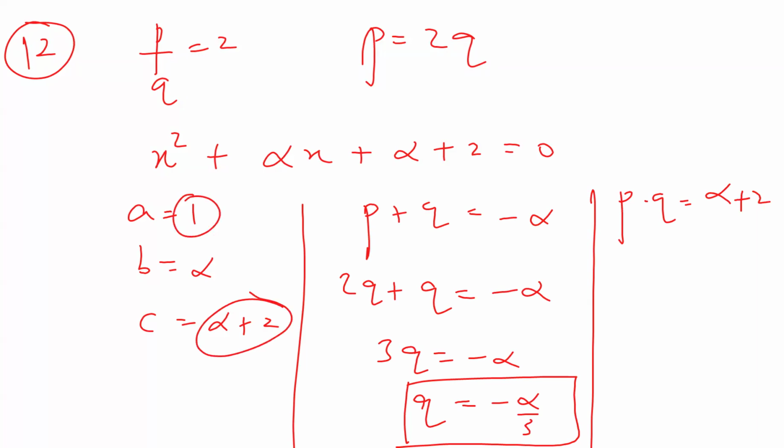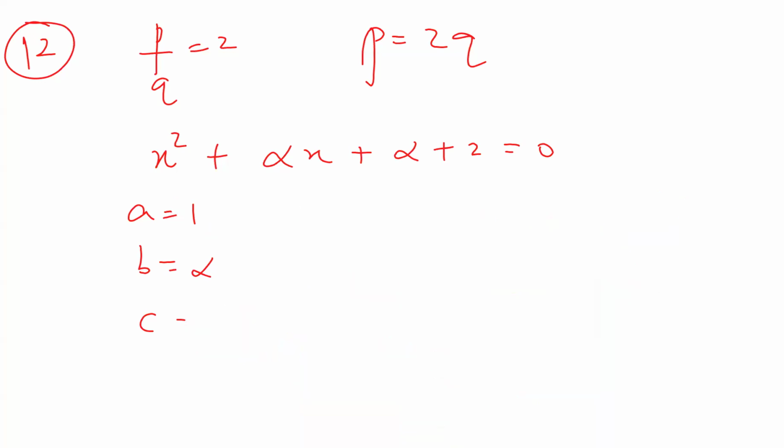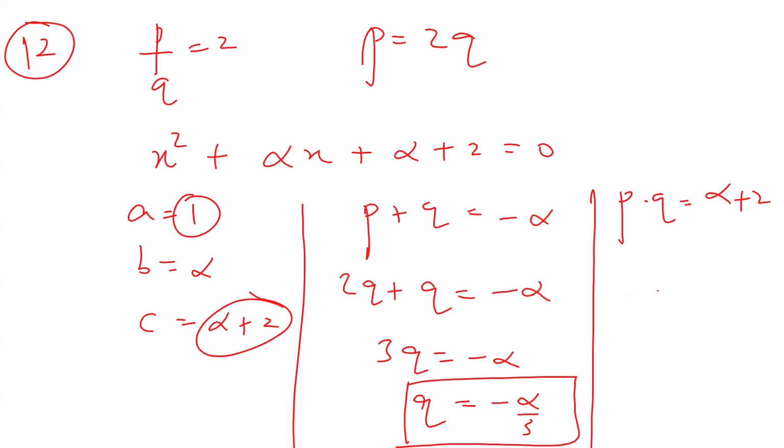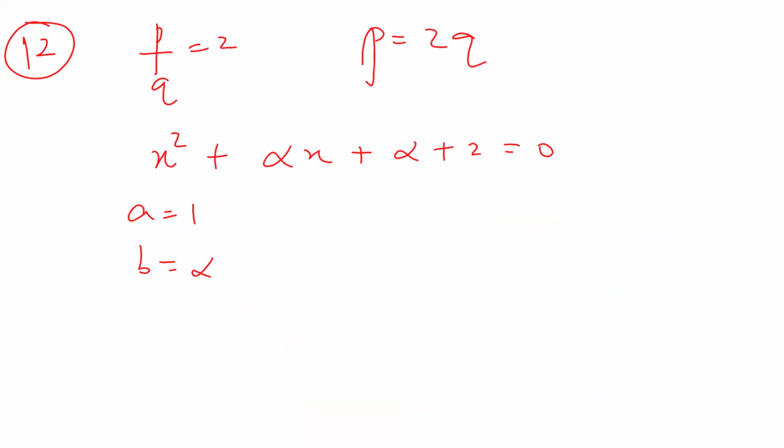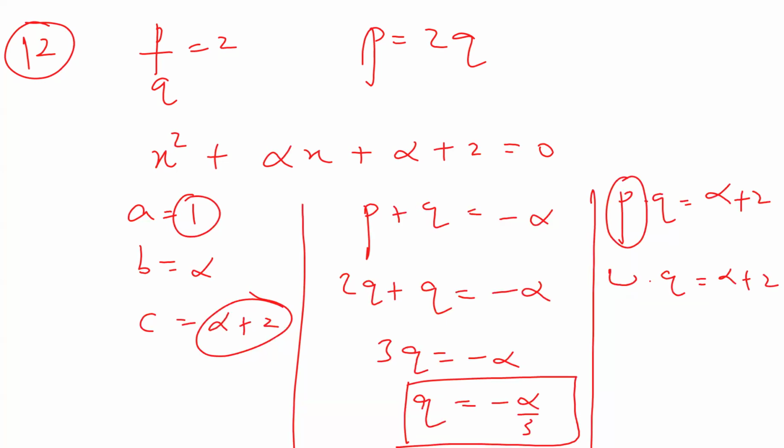Q is what? Minus alpha by 3. Or rather, first we'll write down the value of p. p is 2q, into q is equal to alpha plus 2. So 2q into q is alpha plus 2, so q square is equal to alpha plus 2 upon 2. This 2 will cross multiply on the right hand side.